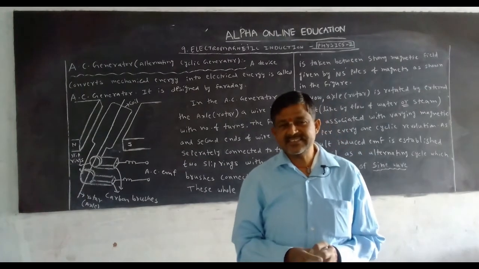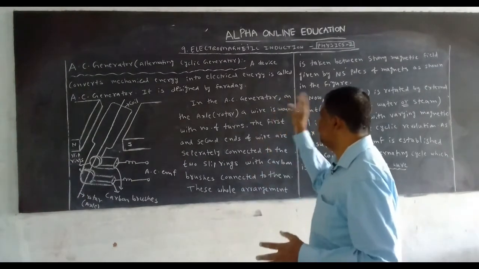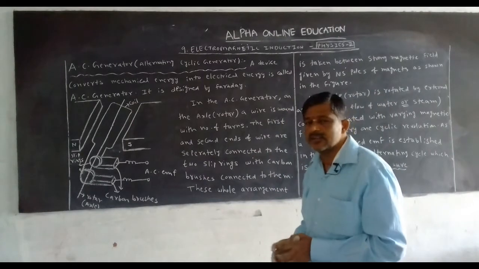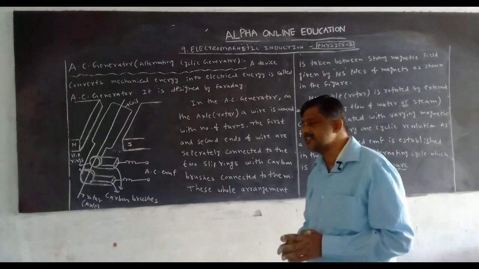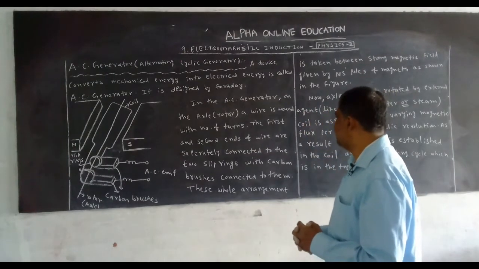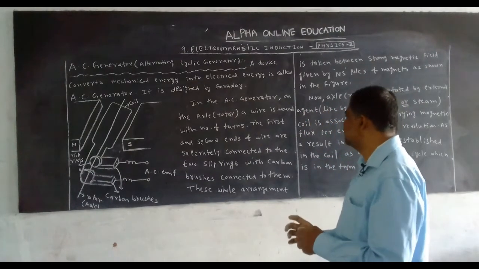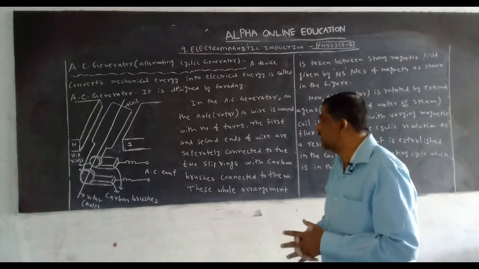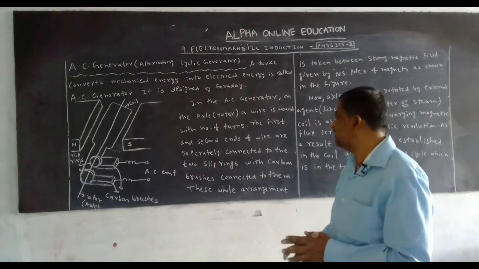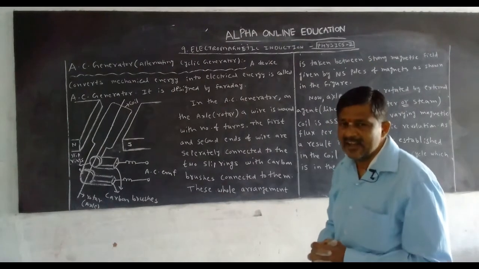Now what is an AC generator? A device that converts mechanical energy into electrical energy is called an AC generator. It was designed by Faraday.